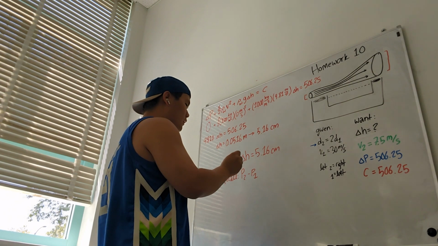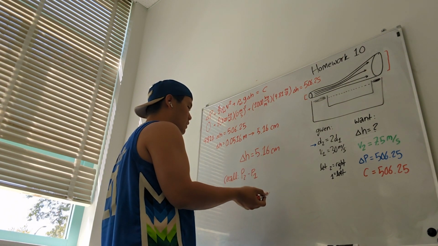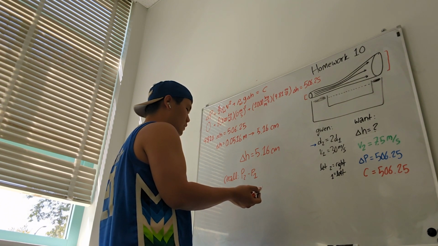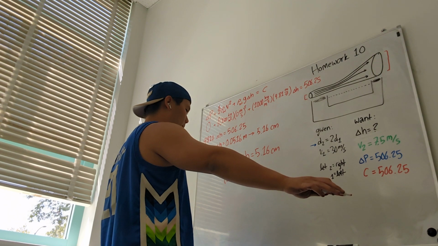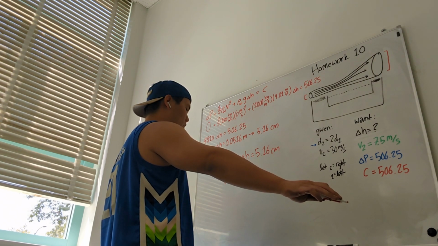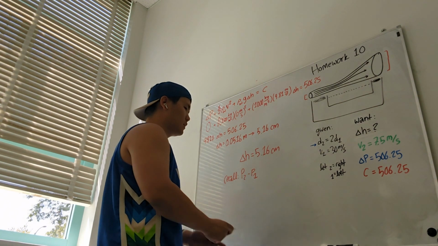So if we have a change in height of 5.16 centimeters, that means the right side was higher than the left side by 5.16 centimeters.